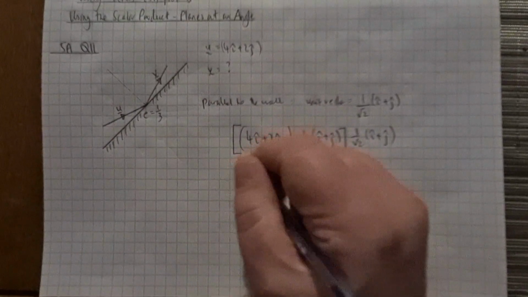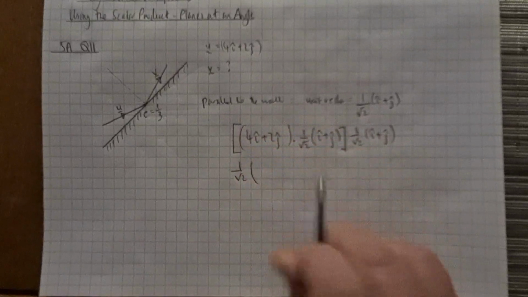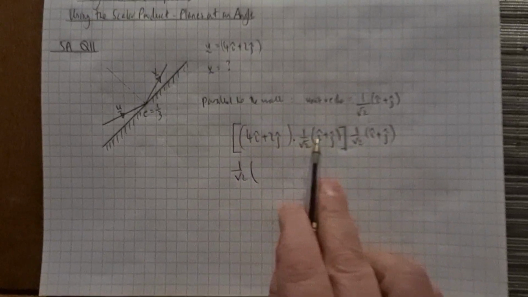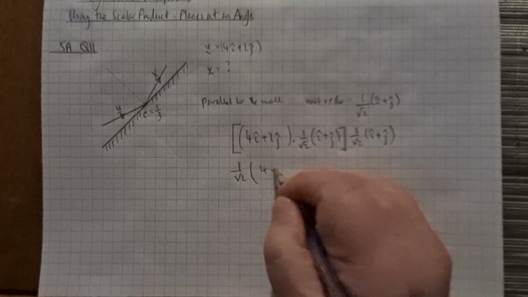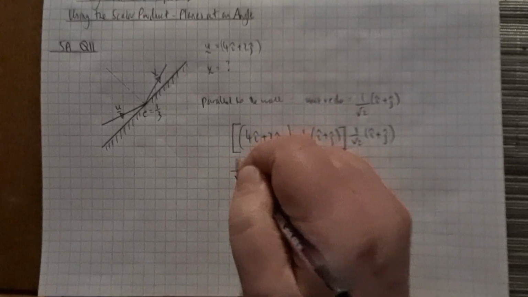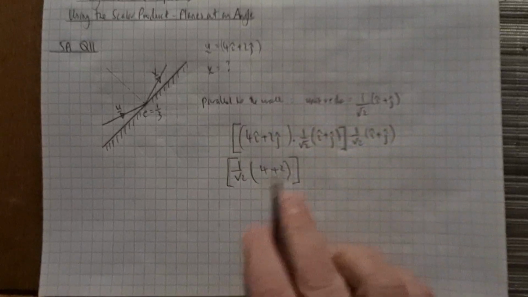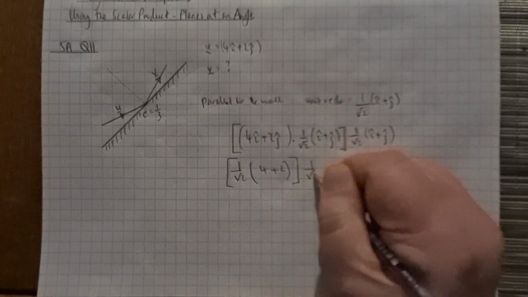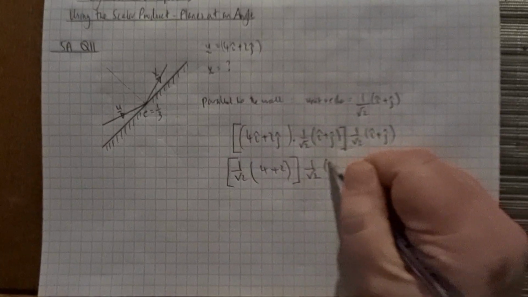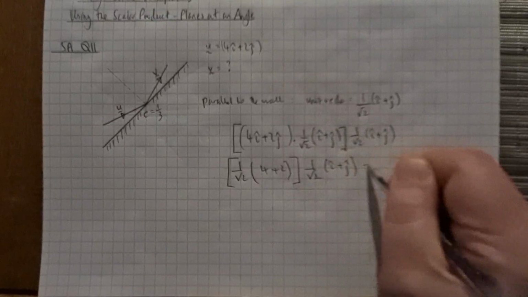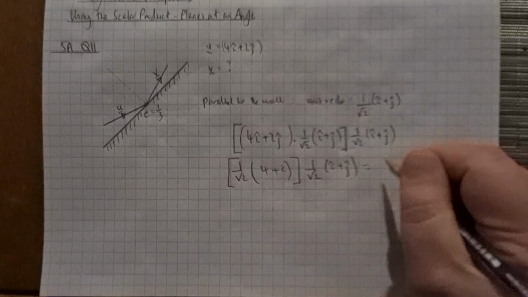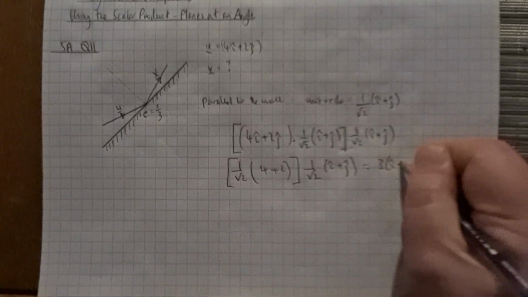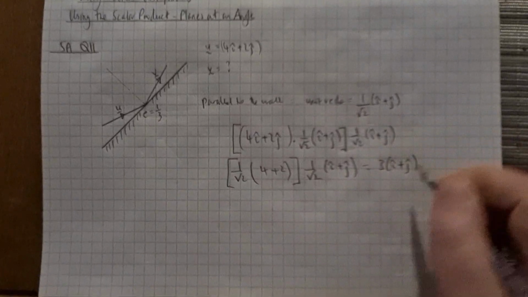So I can take the 1 over root 2 on the outside, because that will come into both calculations in a moment, and we've got 4 and then plus 2. So that is the value of our dot product, and we multiply that by 1 over root 2 times i plus j. We're going to have 6 over root 2 times 1 over root 2, which is 6 over 2, which is 3(i plus j).